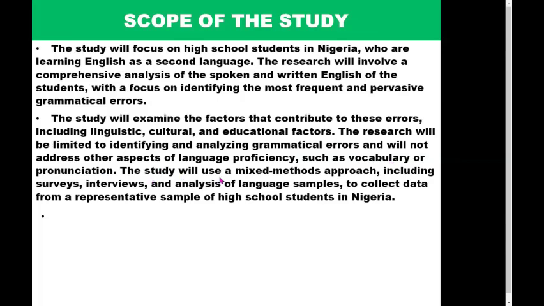The study will use a mixed methods approach, including surveys, interviews, and analysis of language samples to collect data from a representative sample of high school students in Nigeria. So it's important for the study to have a well-defined scope so that you will understand the areas that will be covered and the areas that will not be covered.